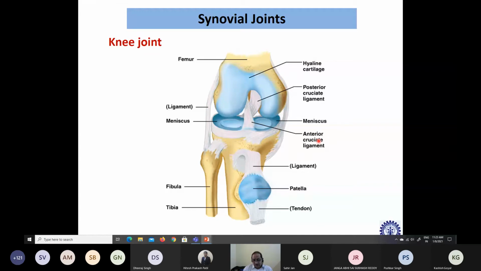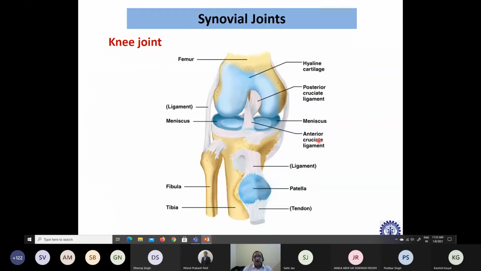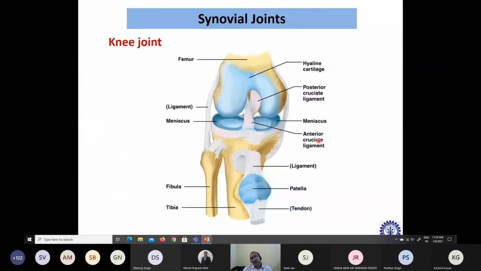Let us think of the body in two halves. In the upper limb, an example is the shoulder joint; in the lower limb we have the hip and the knee joint. In the upper limb we have the shoulder and elbow. In the lower limb we have the hip and knee.